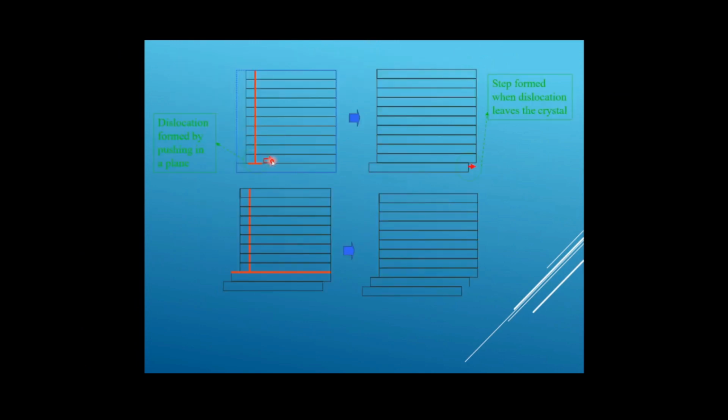Here is the multi-crystal structure. In this structure, one block will be dislocated because of the tensile load. A step will be produced which dislocates the two crystals. This is the original shape, and this one is the shape after slip.